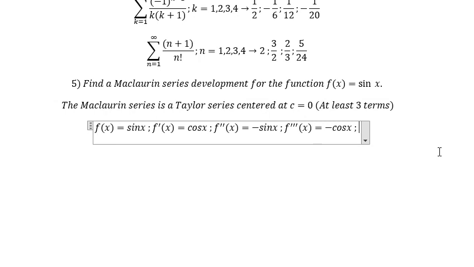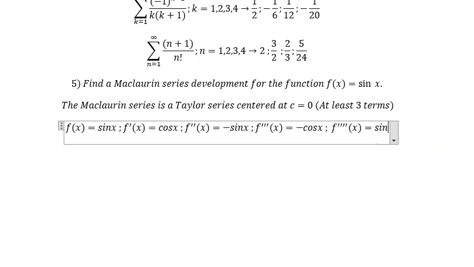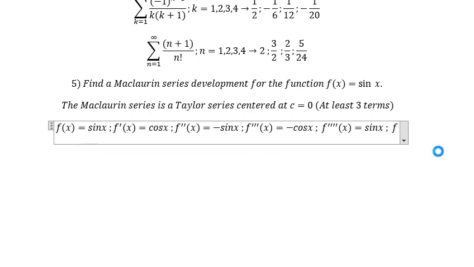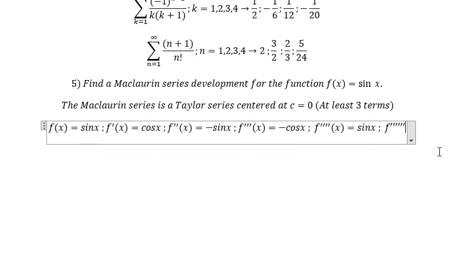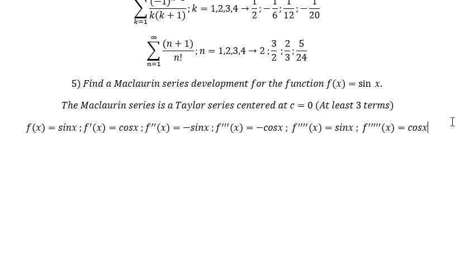So the next one is about sin x, later that another one, that's about cosine x. And we create the Maclaurin series.